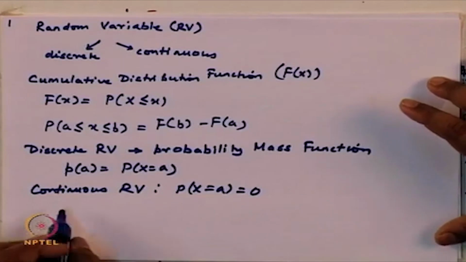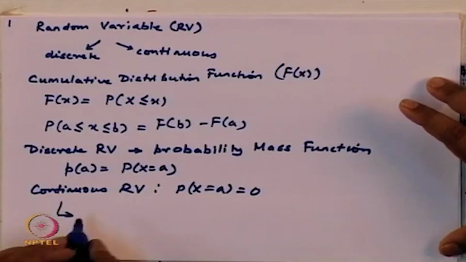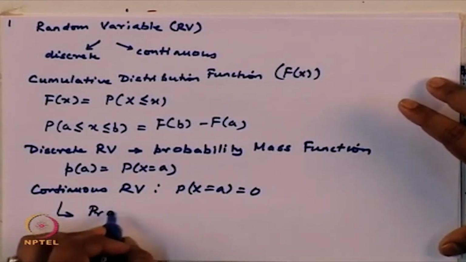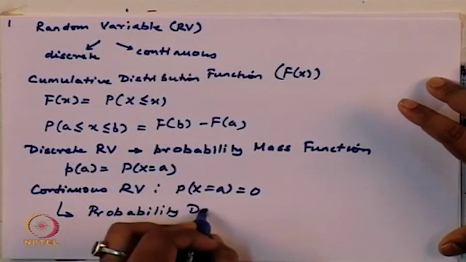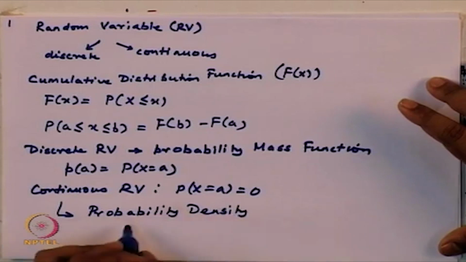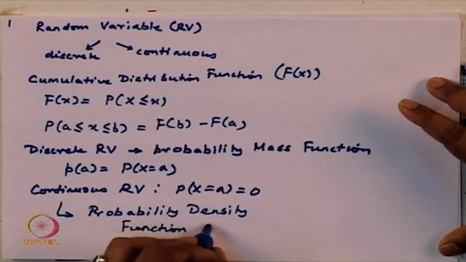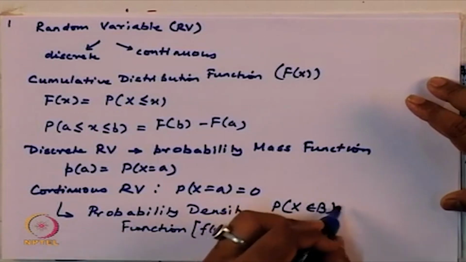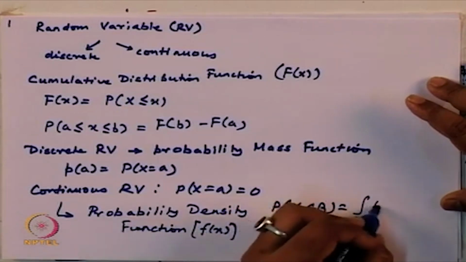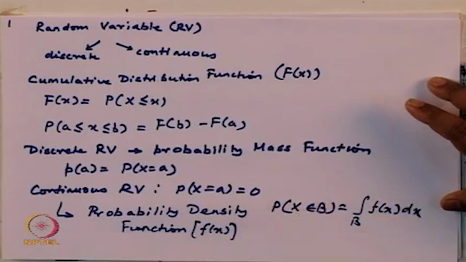Why is this? Because for a continuous random variable, you have the concept of a probability density function, written as f of x. Okay. So, your probability of X in an interval is defined as the integral of f x dx over that interval.